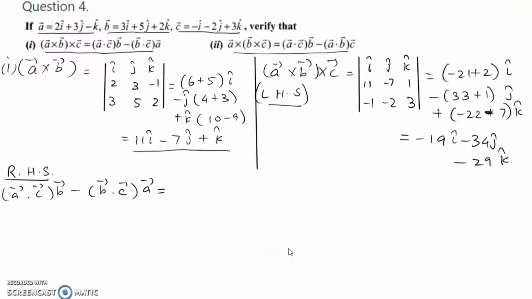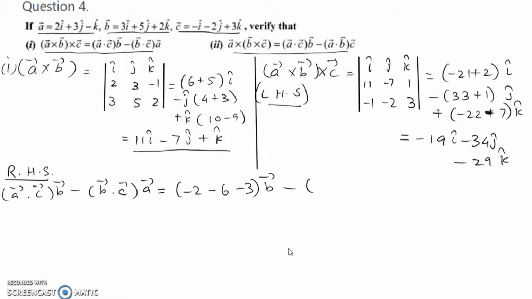Doing the A dot product C, you get 2 times minus 1, minus 2, 3 times minus 2, minus 6, minus 1 plus 3, minus 3, vector B, minus 11.